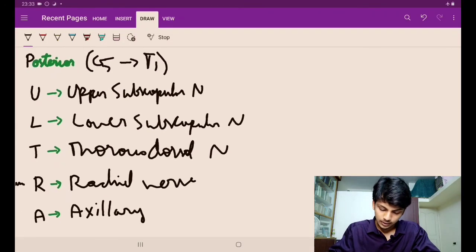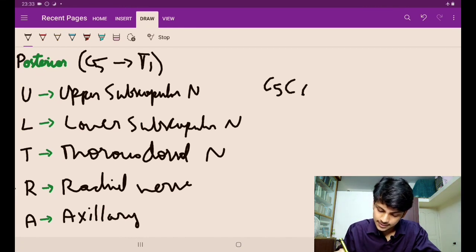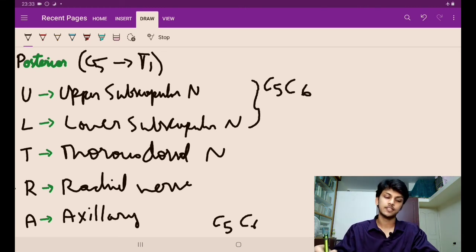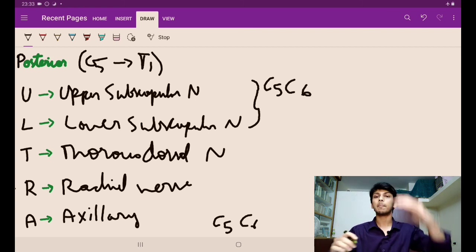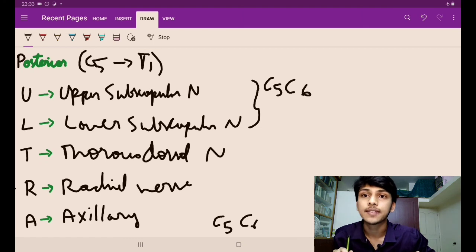How? The reason we wrote it as ULTRA is that the root value of the first and the last is C5, C6. Then the lower subscapular nerve also has the root value C5, C6. So the first, the second and the last have the root value C5, C6.